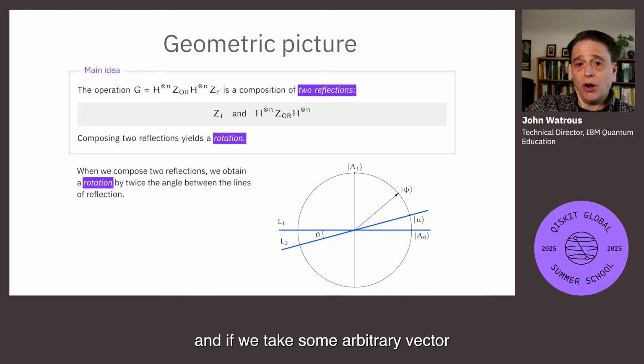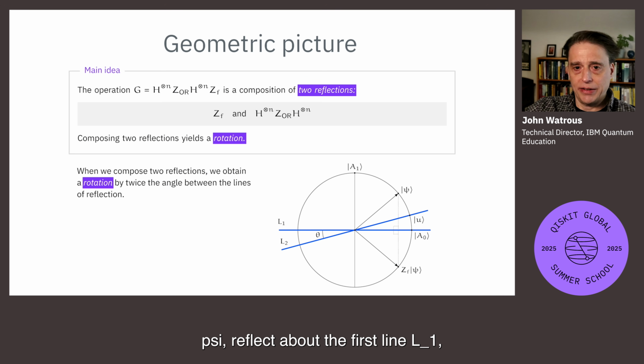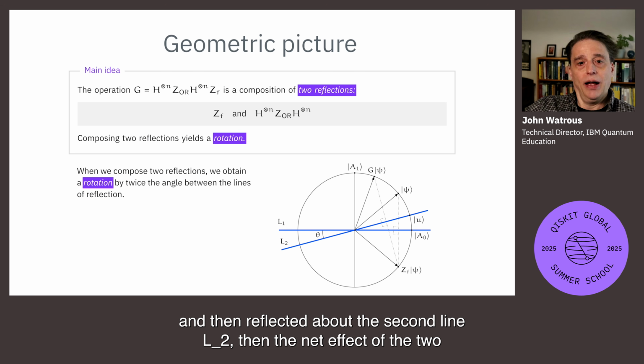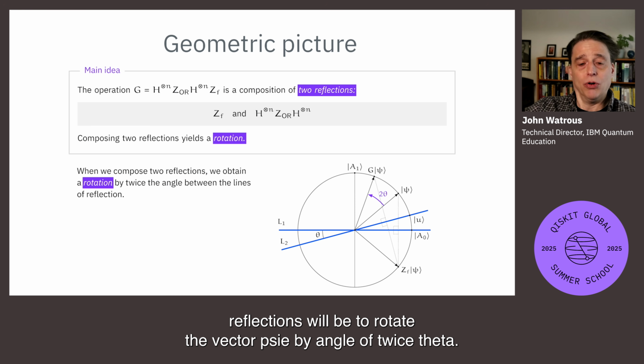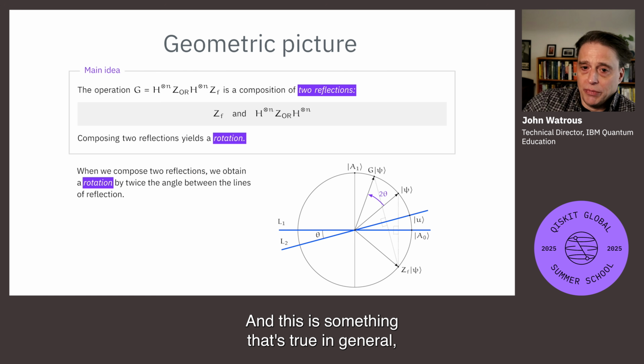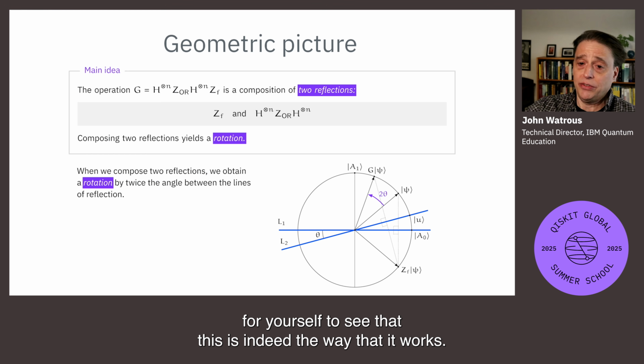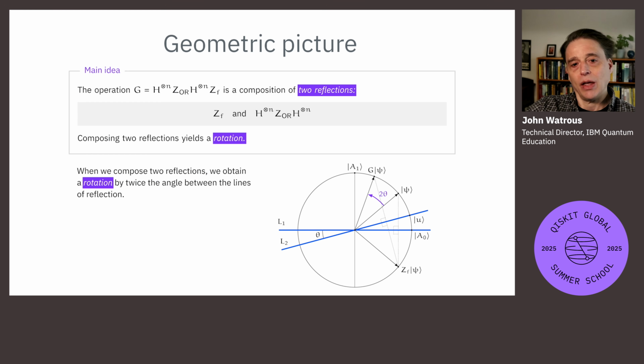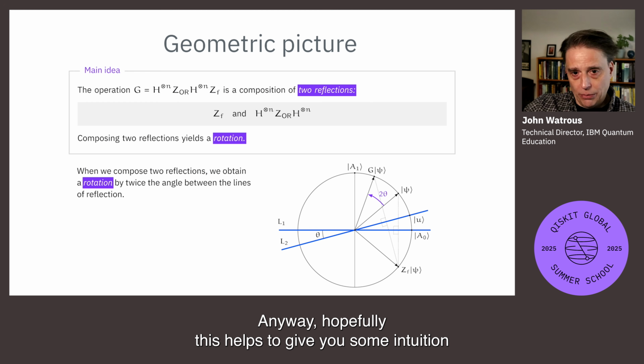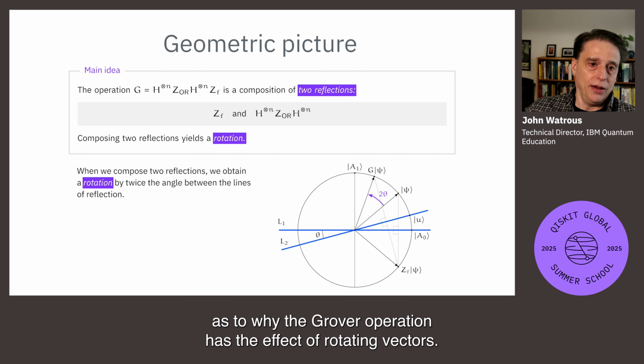And if we take some arbitrary vector psi, reflected about the first line L1, and then reflected about the second line L2, then the net effect of the two reflections will be to rotate the vector psi by an angle twice theta. And this is something that's true in general, and you can try it out on some examples for yourself to see that this is indeed the way that it works. Anyway, hopefully this helps to give you some intuition as to why the Grover operation has the effect of rotating vectors.